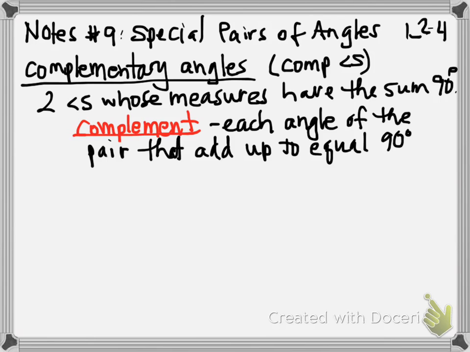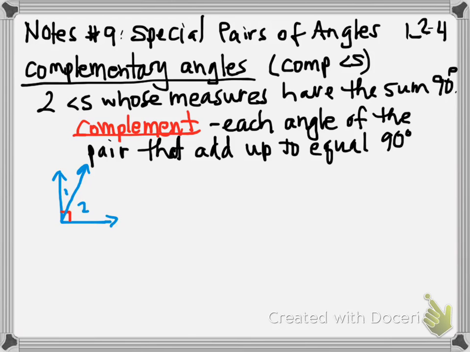So, in a diagram, and remember that in our book usually we see a little red corner. That means that we have a 90 degrees right angle. So we form two angles here with that ray.